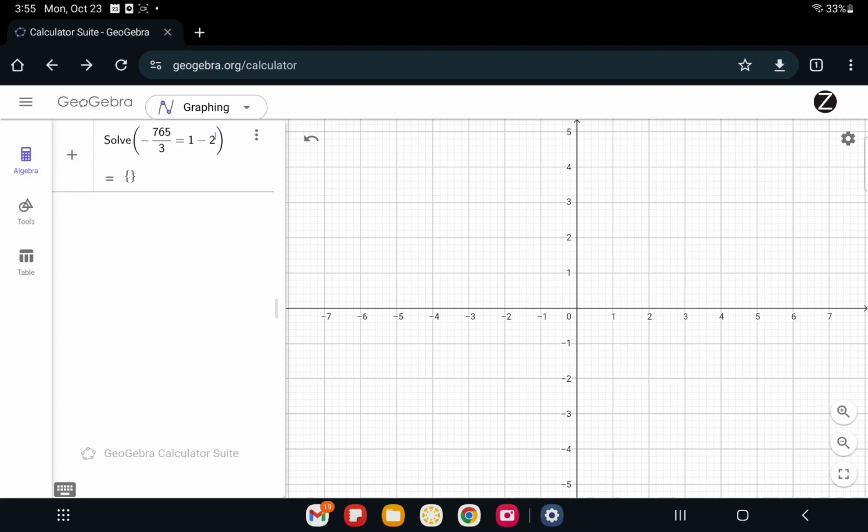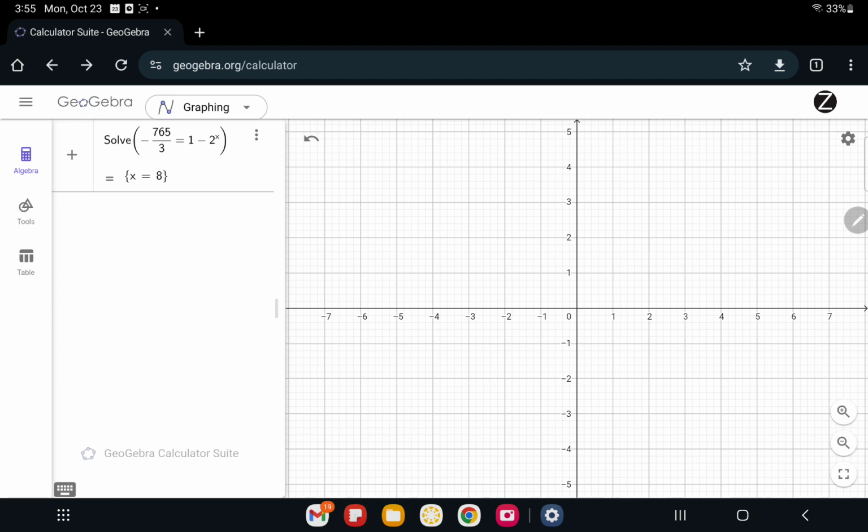And then the only modification I need to make, so in my formula, it's going to be 1 minus 2 to the n, but whatever equation you're trying to solve for, whatever variable you're trying to solve for, you would just make that an x instead. So I'm going to say 1 minus 2 to the x power. And that's just going to give me the solution right here, x equals 8.